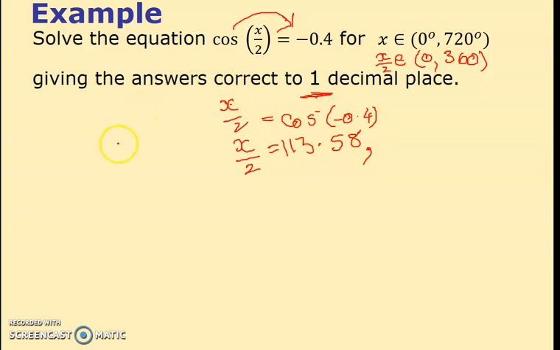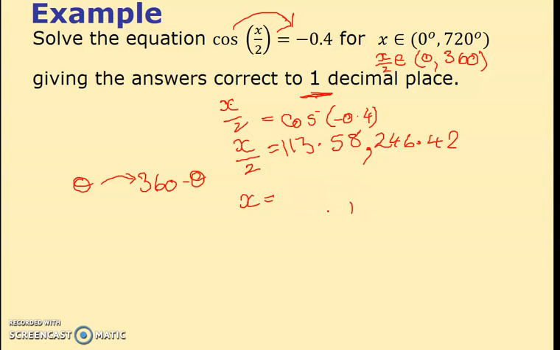It's a cos question. I know there's one answer, and to get the other answer I do 360 minus it. So here I do 360 minus that answer, and I get 246.42.